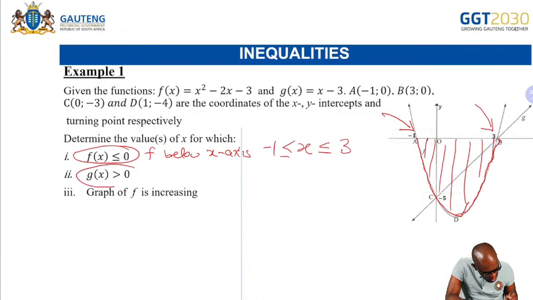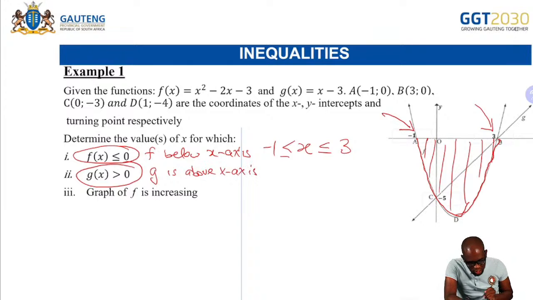Now they're saying g of x is greater than 0. So they are asking where g is above the x-axis. So we need to locate that region on a straight line. You can see this part of the straight line here is above the x-axis, and we need that region because we need the values of x.